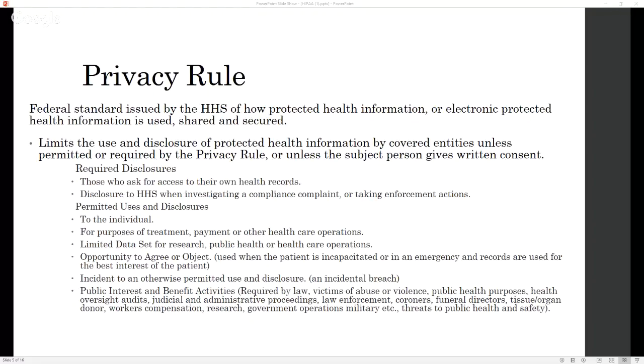Public health purposes, coroners, funeral directors for autopsies, to determine cause of death or for identification purposes, tissue and organ donors, workers' comp, oversight audit. Organizations generally have someone come in and audit their records, which would fall under that category. Government and military, threats to public health and safety. Those are just some of the things, and there are more that I didn't read that fall under public interest and benefit activities. Next slide.